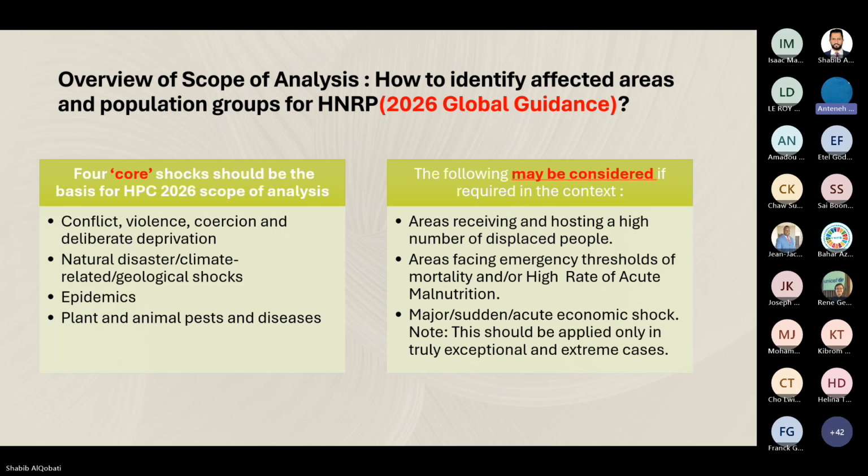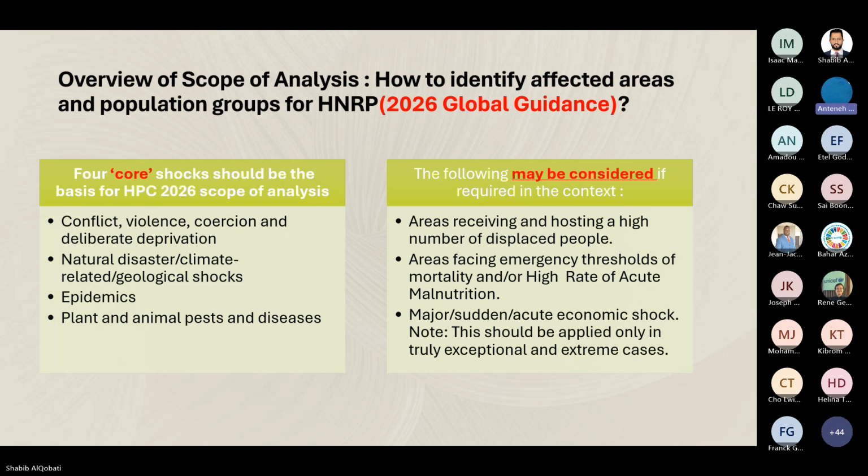In addition to these core shock-affected areas, areas receiving and hosting a high number of displaced people, meaning areas having IDPs, areas facing emergency level threshold of mortality and acute malnutrition, those areas having high acute malnutrition rate, regardless of whether or not they are directly affected by shock, may be considered for inclusion in the scope of analysis.